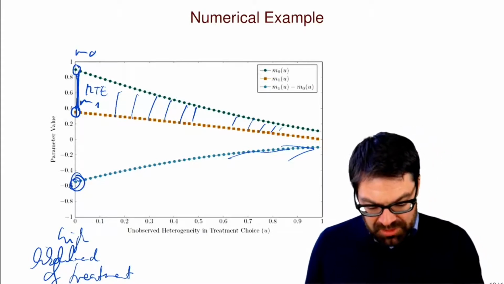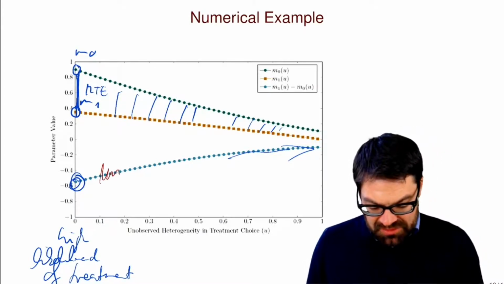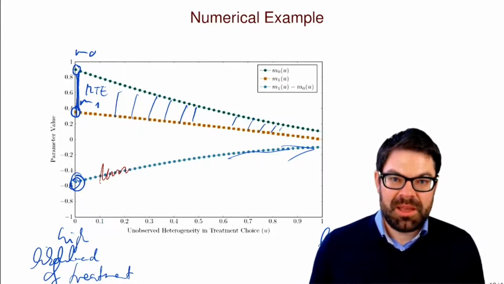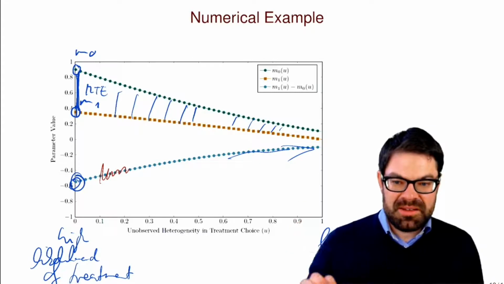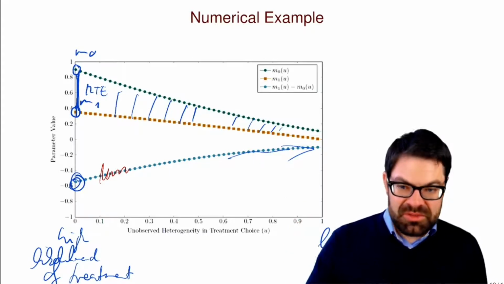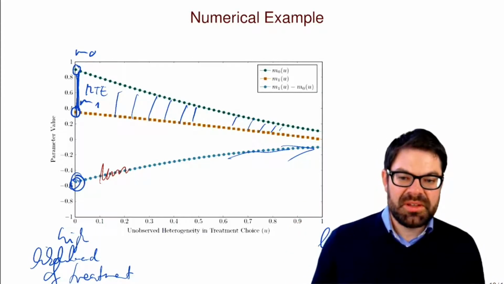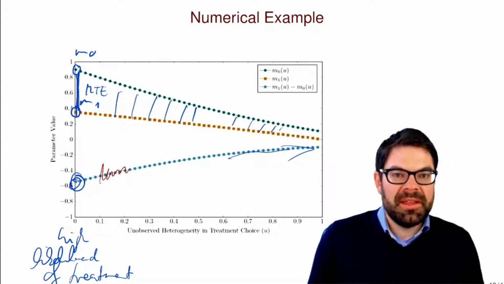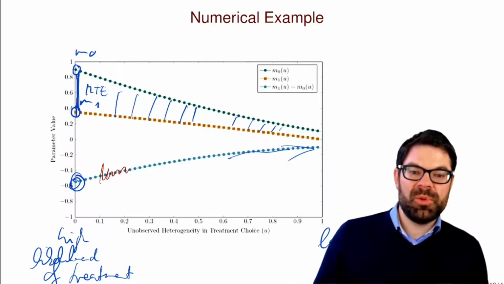If these people are somewhere around here, then I have huge effects, right? Because I give them the incentive, they are likely to take the treatment, and they have then a high return from that, and malaria rates drop.